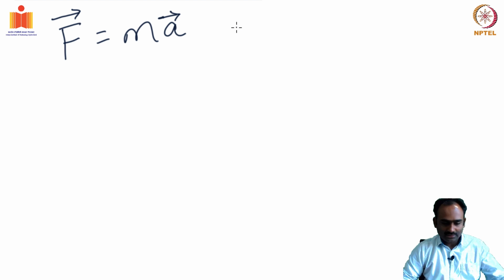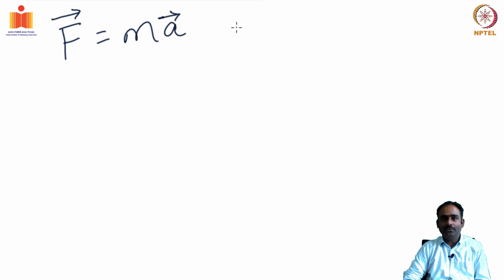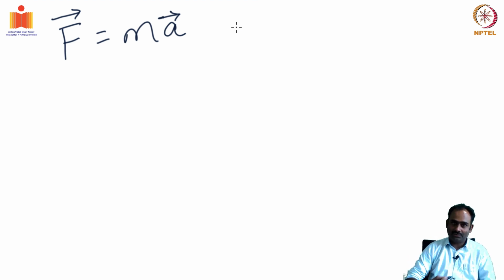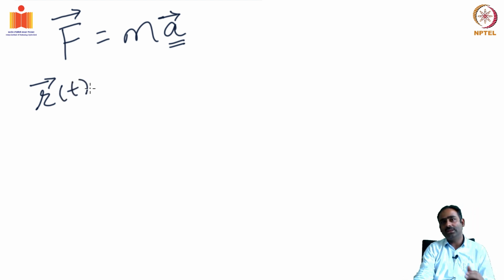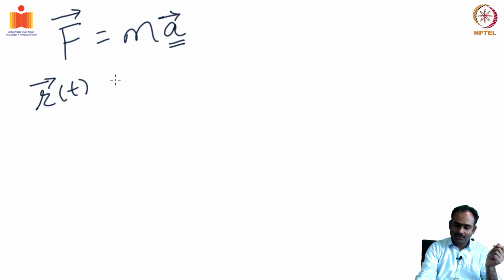Let me write it in a slightly different form, which will be useful to ask further questions. So instead of writing A for acceleration, let me introduce the following notation. I write vector r at any time t to be the Cartesian coordinate of the particle with mass m.